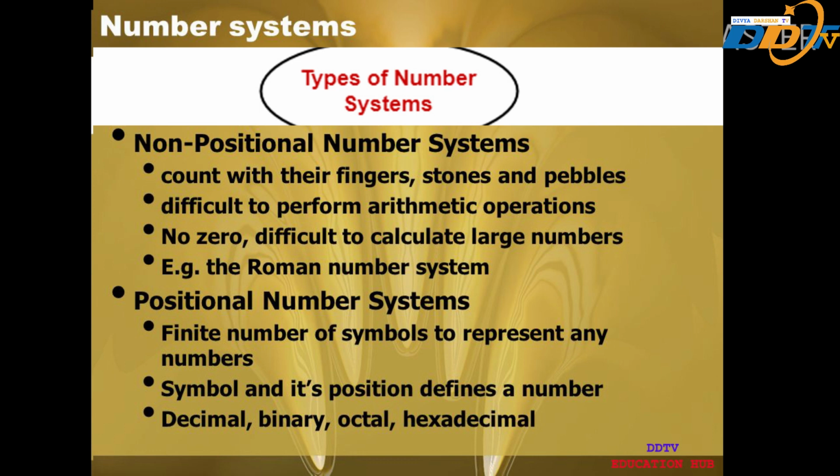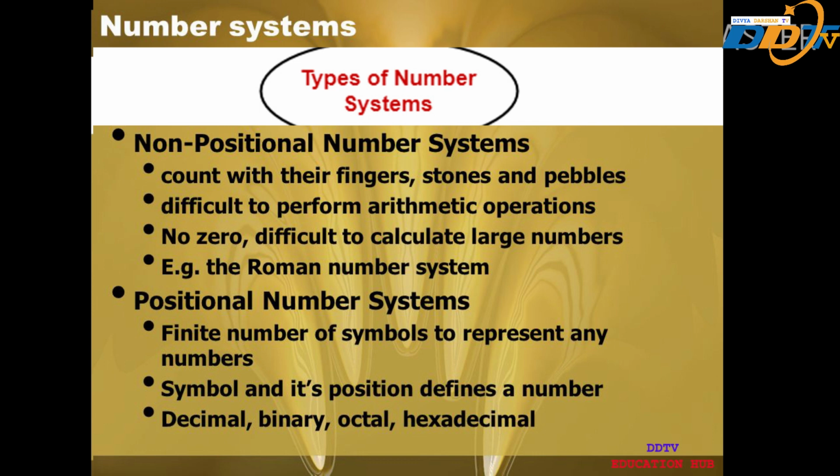Positional number systems use a finite number of symbols to represent any number. Symbols and their positions define a number. In positional number system, a finite number of symbols represent any number, and it has four types: decimal, binary, octal and hexadecimal.